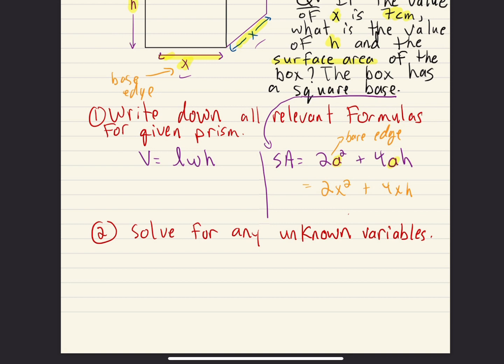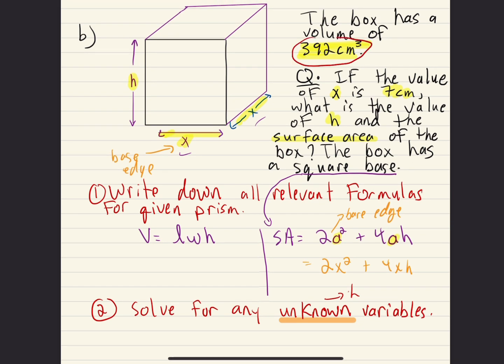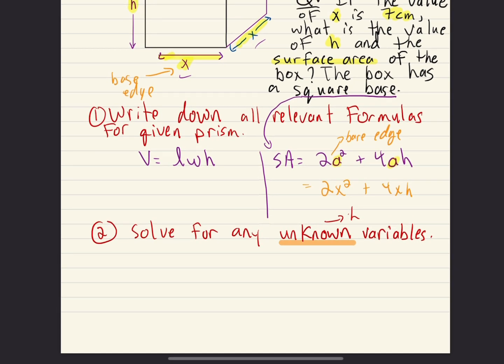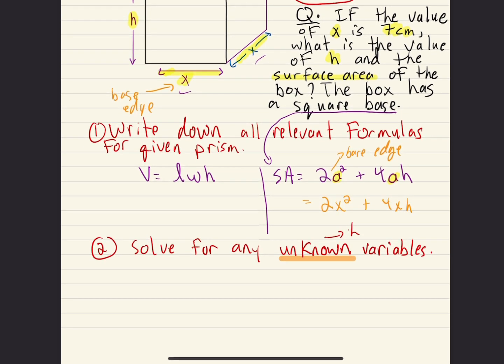The next thing we're going to do is solve for any unknown variables, because you can see that we are going to need height for both, and we don't have height. Between the two formulas, and it doesn't matter which formula you use as long as you have all the variables needed, we're going to try and solve for height. We're given a volume over here, 392 centimeters cubed, and we have the x value.